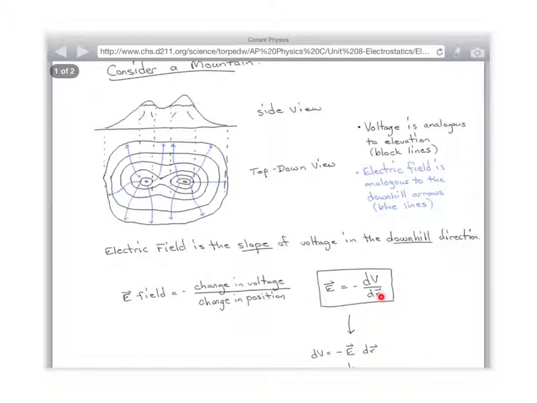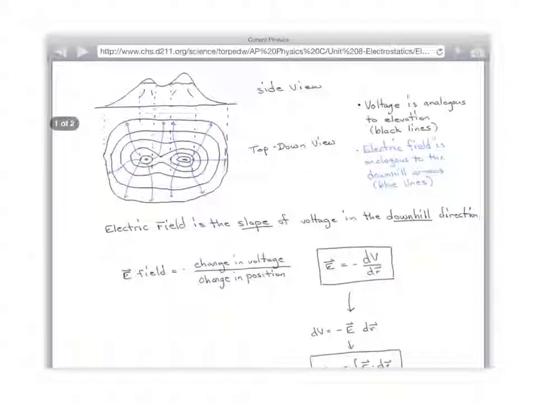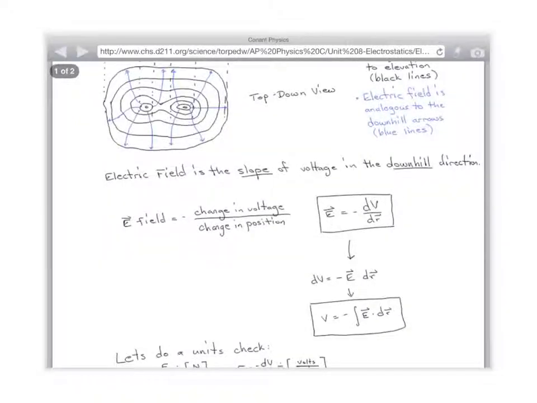Now, if you rearrange that equation a little bit and solve it for dV, you'll have dV equals negative E dot dr. That's a dot product. I'm going to ignore that for now because I don't want to get all multivariable-y.